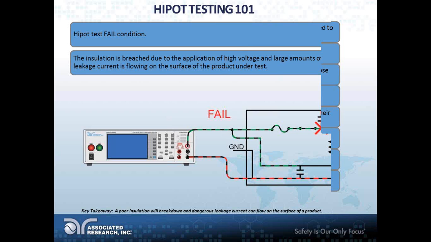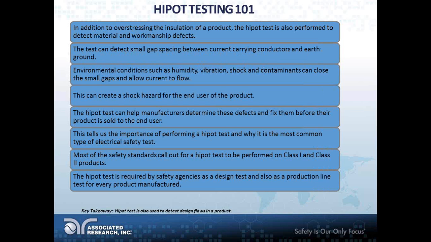Okay, now in addition to overstressing the insulation, the Hipot test is also performed to detect material and workmanship defects. This test can also detect small gap spacings between current carrying conductors and earth ground.